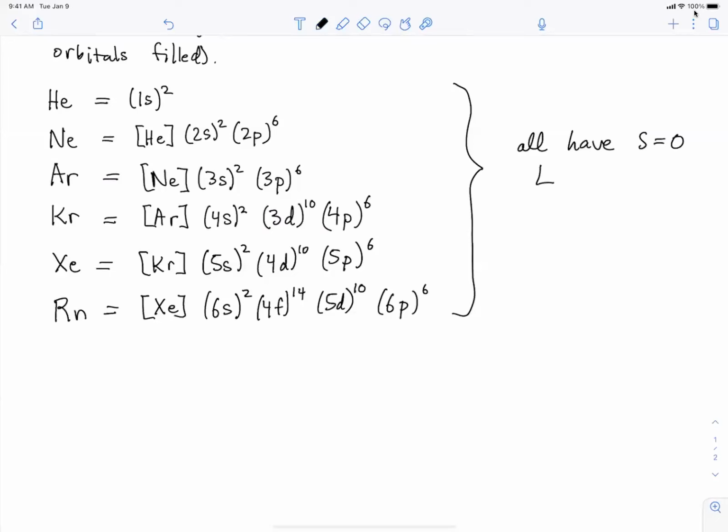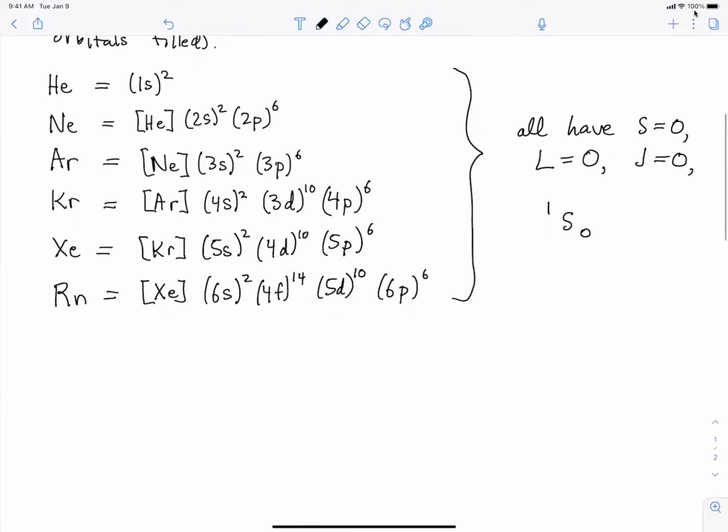And actually the same for the orbital angular momentum. Okay, and then the only thing you can get when you add S equals 0 and L equals 0 is J equals 0. And so all of these spectroscopic terms for noble gases are 1S0. Okay, and so we talked last time about Hund's rules, but here Hund's rules are not necessary because there's only one choice for the ground state.